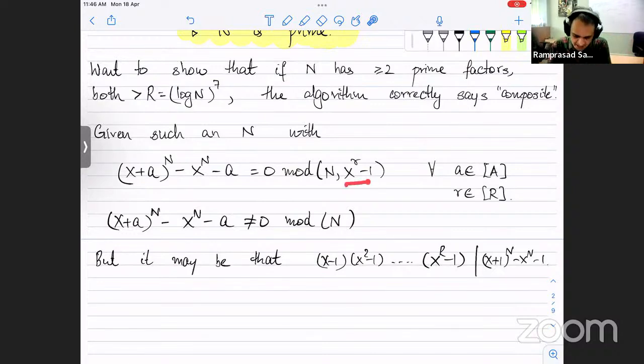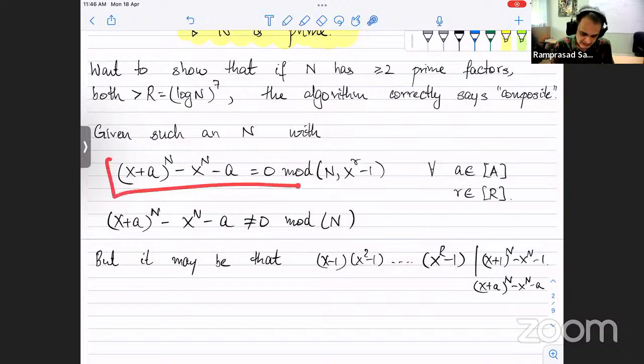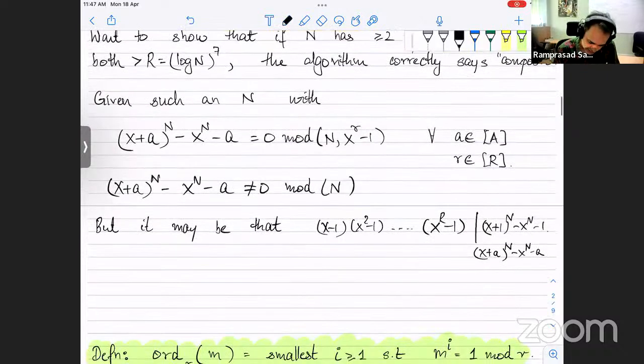But it feels like the number of tests I'm doing is far smaller. So for all you know, it could be the case that all of these just divide this. And maybe the same thing is true for all of them. Maybe it's also true for (x plus a) to the power n minus x to the power n minus a. On the face of it, it feels like this entire set of equations is basically saying that some bunch of polylog n degree polynomials divide these sorts of polynomials. And on the face of it, it feels like, yeah, why not? Maybe that can happen. So the question we want to get a sense of is, how do we really rule this out?